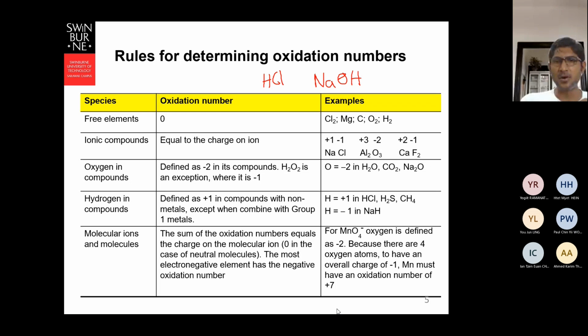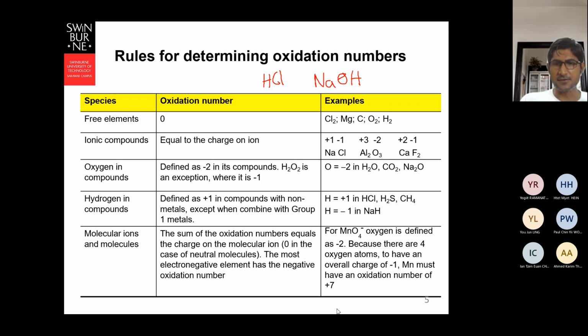So this is the oxidation state of this element in this ion. Manganese is carrying a +7 oxidation state. Charge and oxidation state are different things, but I don't want to confuse you. Just know that the oxidation state is +7 for manganese in this case.